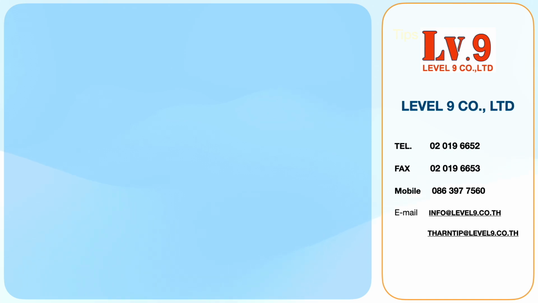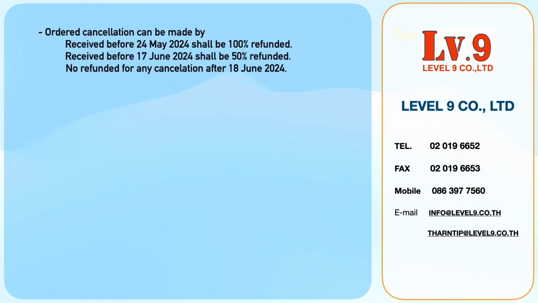Here are additional details regarding our services. For services that have been reserved and paid for, if a cancellation is requested, the refund is as follows. Customers who have reserved and paid for services by May 24th will receive a 100% refund if the cancellation is made after that date.